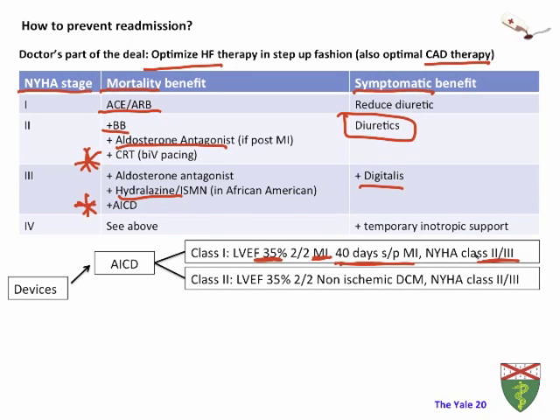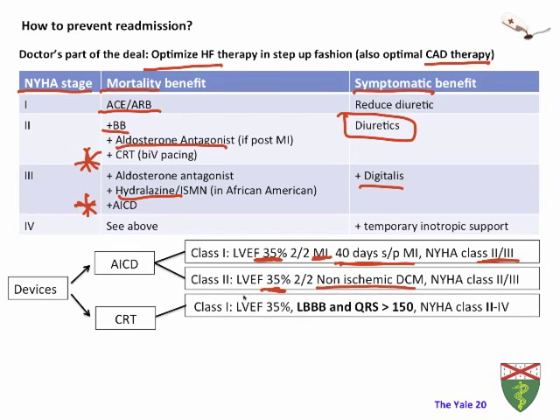Class 2 indication is if the patient didn't have an MI, but has cardiomyopathy because of another reason with an EF of 35%. A cardiac resynchronization therapy or a biventricular pacer, again, class 1 indication is a low EF, a left bundle, and a QRS more than 150. This is new.